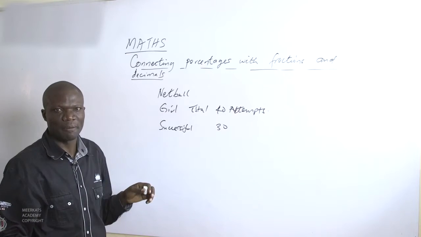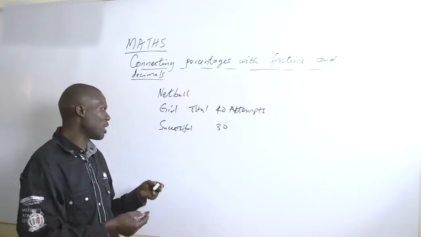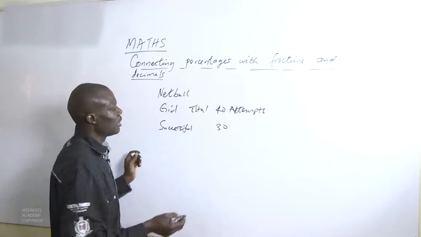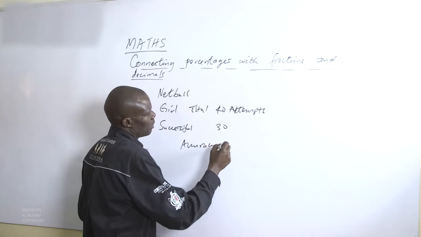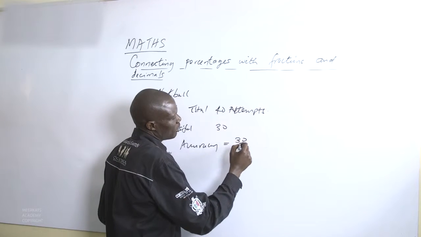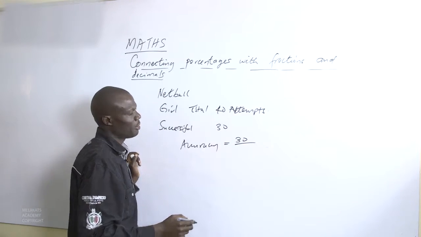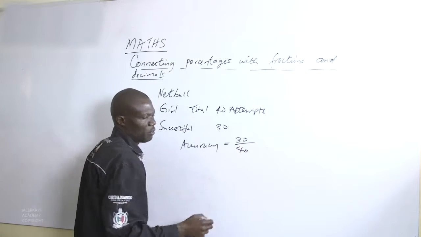So if we want to find out the accuracy of this girl, she scored 30 goals out of the total of 40 attempts she was given.